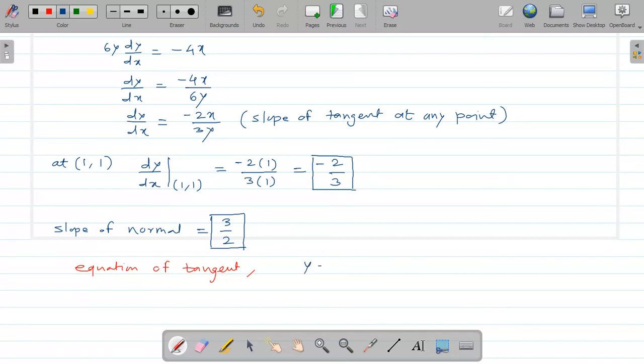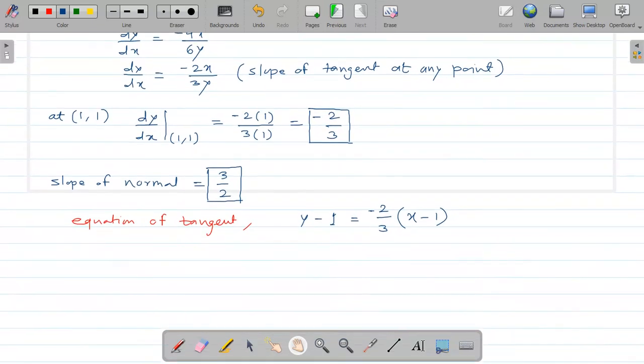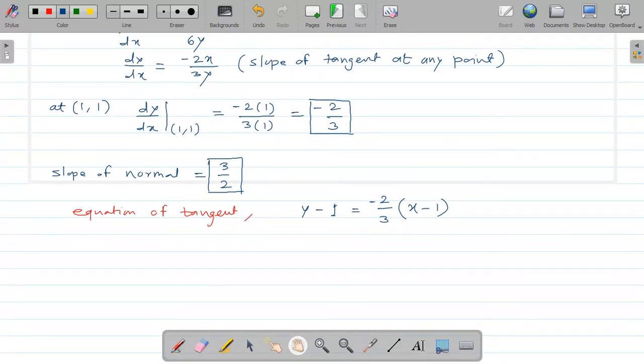So y minus 1 is equal to m, m means slope, that is minus 2 by 3 into x minus 1. So see here carefully. Now rearrange this equation. First of all, we will multiply both sides by 3. Hence we get 3y minus 3 is equal to, now here it is minus 2, 3 will get cancelled. Minus 2 into x is minus 2x. Minus 2 into minus 1 is plus 2.